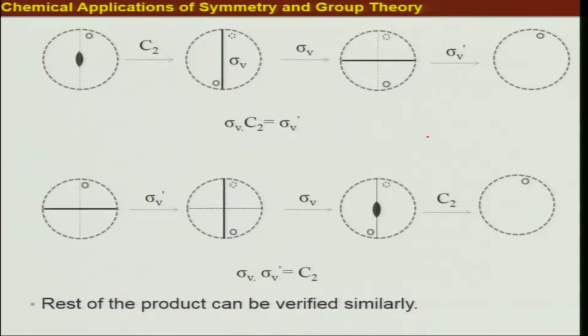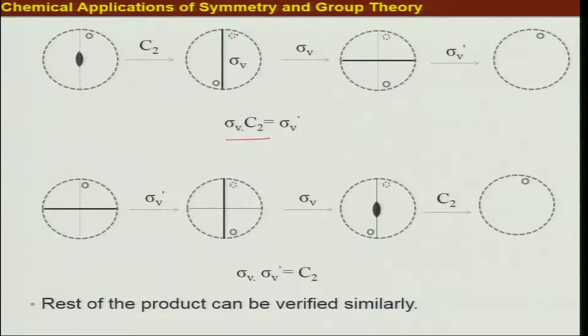Now suppose I try to find out what happens when we operate C2 and sigma v successively. That means I have to get sigma v C2, which means first you operate C2 and then you operate sigma v. So, first I operate C2. This point goes over here.